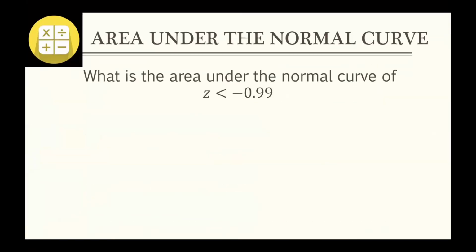Let's have example number 2. What is the area under the normal curve of z less than negative 0.99? When we say z less than negative 0.99, meaning we're going to shade the area to the left of negative 0.99.